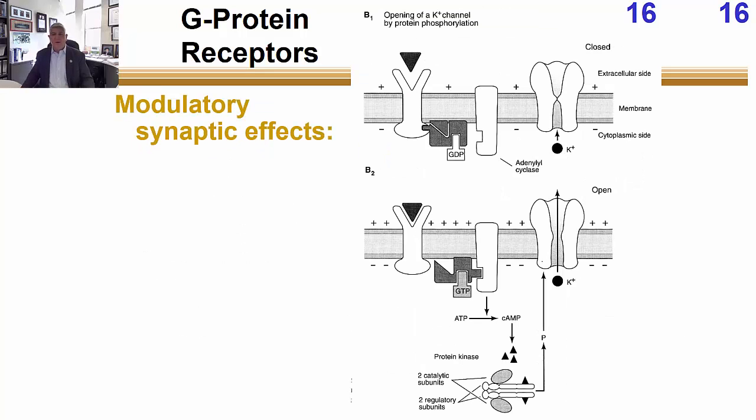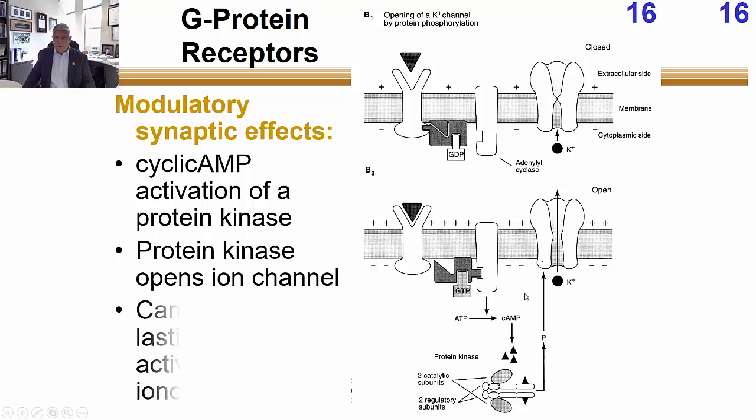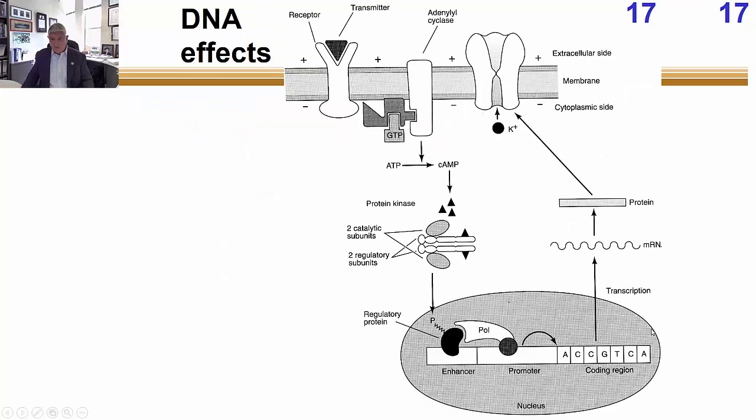You can also have other activations where you can have GTP activate an enzyme, which is going to then produce cyclic AMP. Cyclic AMP can then go act on another protein kinase, like protein kinase A, which then could do lots of things. It could generate more channels. It could open an ion channel. And so this process could have the same outcome as acting directly on the ion channel, but typically has a longer lasting effect because we've amplified the signal at both of these steps.